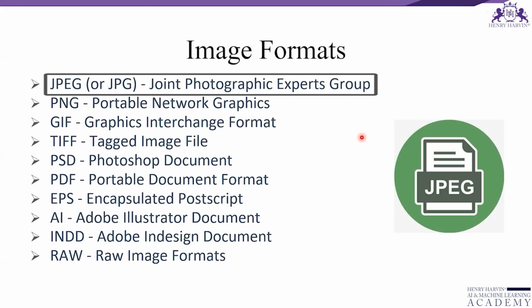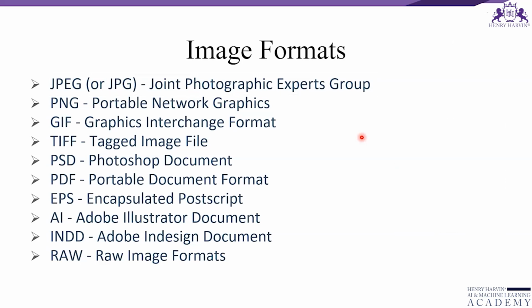So JPEG, or it is called JPG, which is nothing but Joint Photographic Experts Group. So this is the most common file type we run across on the web, and in your company's MS Word version also, and it is called lossy compression, meaning that the quality of the image decreases as the file size decreases.